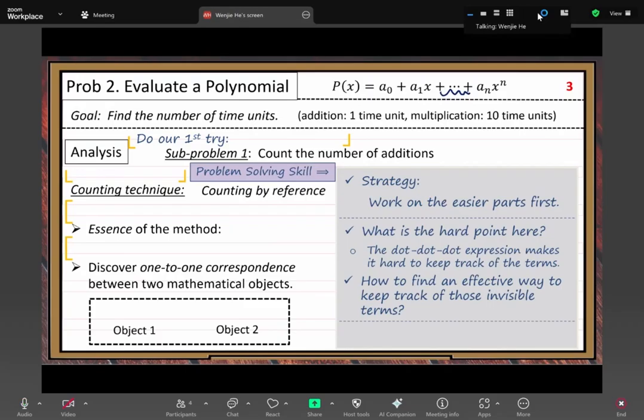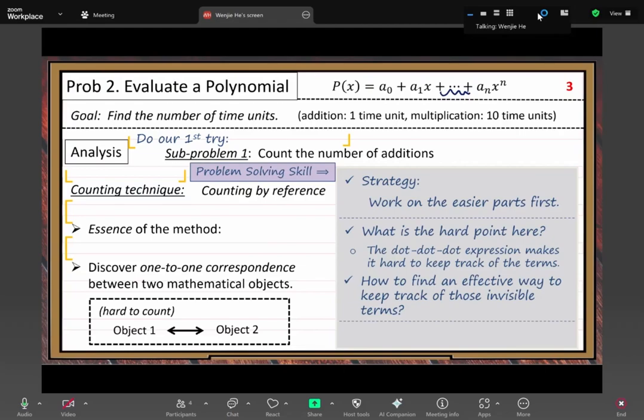Here, I talk about the general method. We have object 1 and object 2, and we need to establish one-to-one correspondence between these two objects. After that, if we count the number of objects of type object 1, it's hard to count.